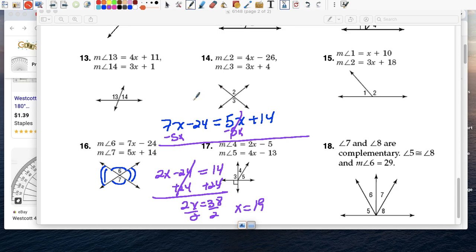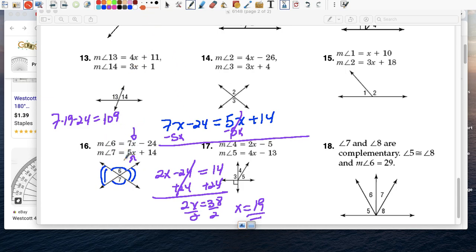Again, not the value of the angle, but the value of the variable. So now let me take that 19, plug it here, change it for x, and plug it here. All right, so let's do angle 6. Angle 6 is 7 times 19 minus 24, and that's going to give us 109. So this angle 6 is 109, which means angle 7 is 109, but I just want to check.